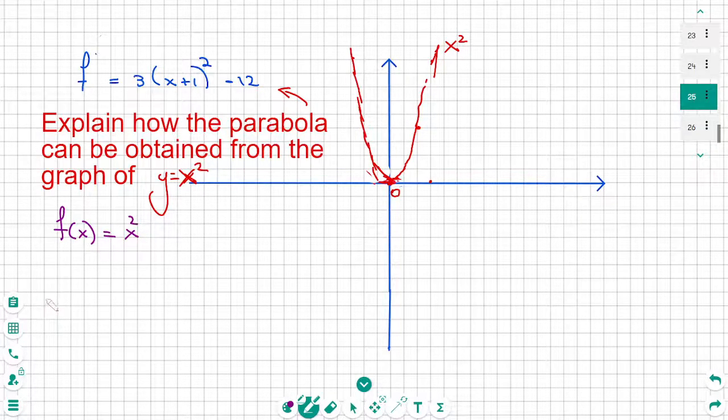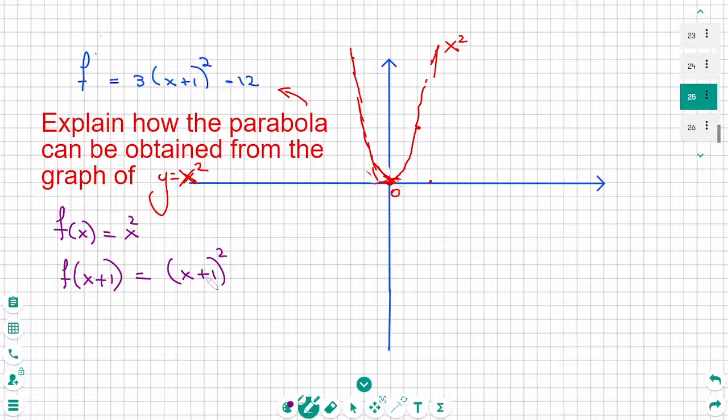So the first thing to do is to use a translation, the x + 1. You can see the bracket is x + 1. So what I need to do is to replace the x with x + 1. And now the function becomes (x + 1)².